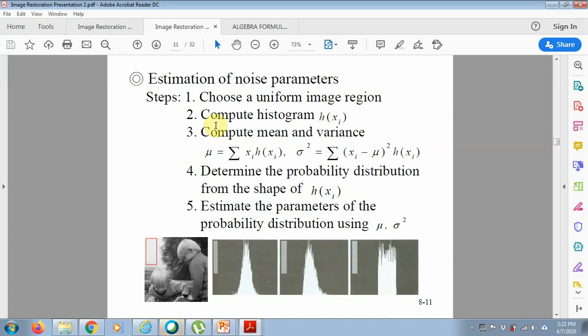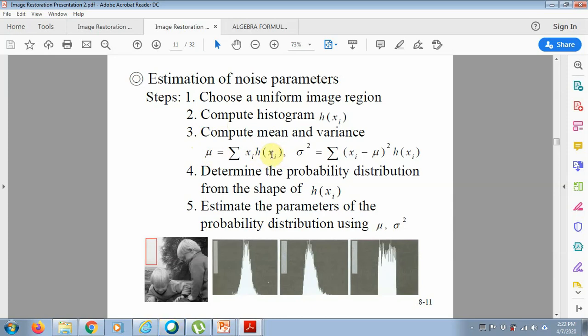So the estimation of noise parameters. If you have some h of xy and noise eta xy, you can actually derive the expression for your restored value. We have already studied mu, that is the expected value of x, and h of xy, where h of xy is nothing but the degradation function.